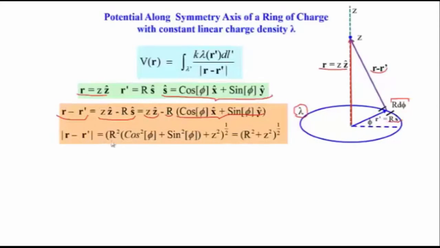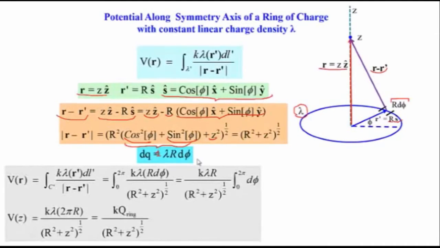So here's the z component squared, here's the x component squared times R squared to get you the right length, and the same goes for sine squared here, which is the y component squared. Notice that you get cosine squared plus sine squared, which is equal to 1. When you simplify, you get R squared plus z squared to the 1/2 power. And just to remind you, dq is the charge density times the length of this little element here, and that's R d phi.